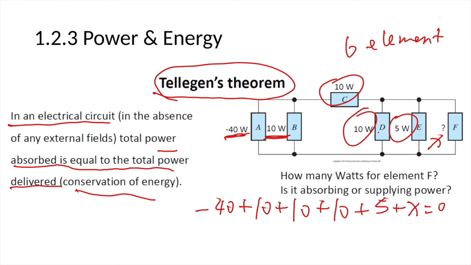So here is 10, 20, 30. 30 minus 40 equals negative 10, plus 5 is negative 5, plus x equals 0. So this becomes negative 5. So x equals 5. So the element F, how many watts? Is 5 watt for the element F.